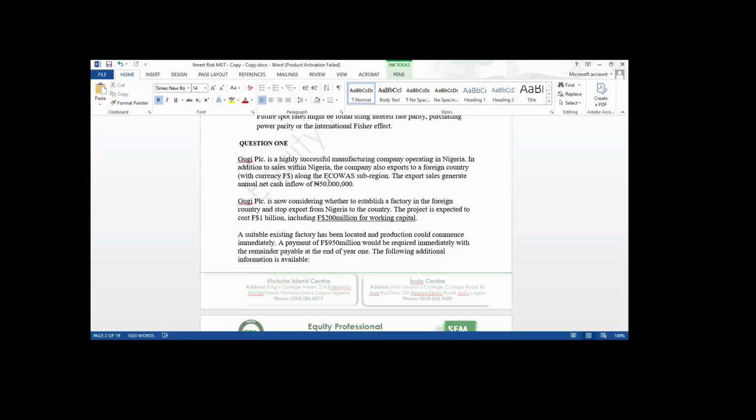The total project cost is $1 billion. Out of this 1 billion, 200 million is for working capital. There's a reason why the examiner is separating this. Working capital is not liable to taxation.